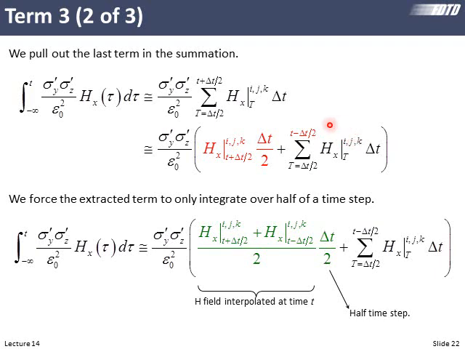But we still have a problem. We have an H field here that exists at t plus delta t over 2. We need this to exist at time t. Well, like we did previously, we'll just average. So we will average the H field at the future time step with the H field at the previous time step. And we still have this delta t over 2 because we only want to integrate over that final half time step. So we did it.